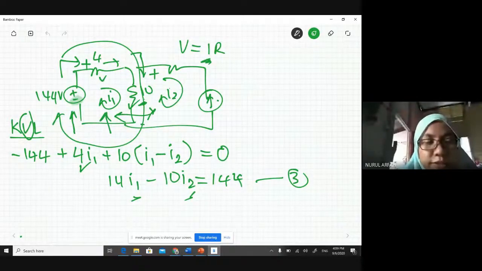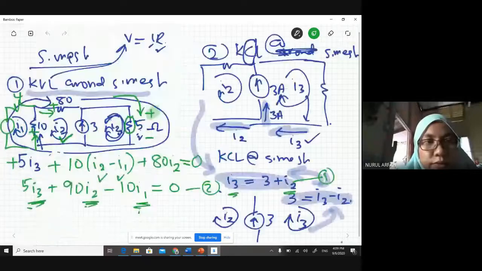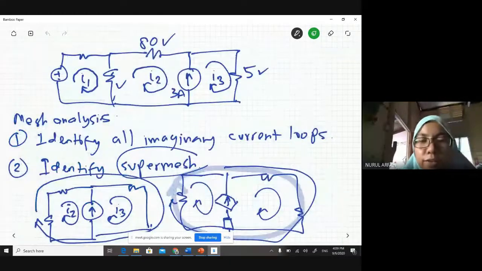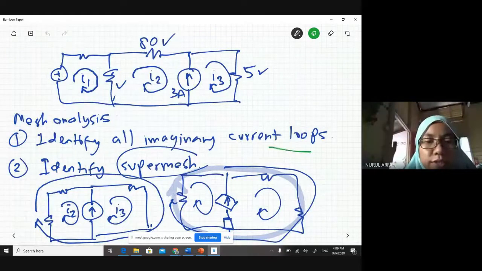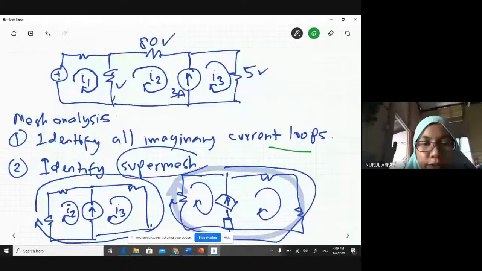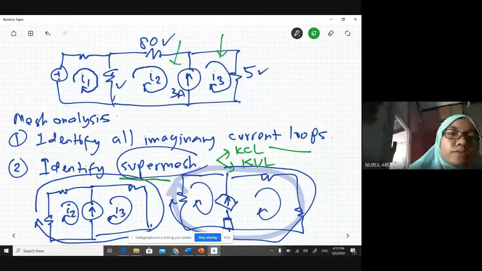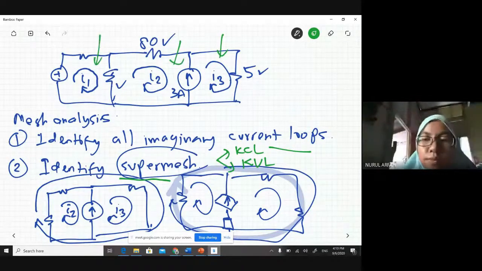But the basic is you go back to here. First, identify all imaginary current loops. Second, identify if you have any super mesh or not. If yes, then you need to consider KVL and KCL. All right, and then consider all 1, 2, 3.